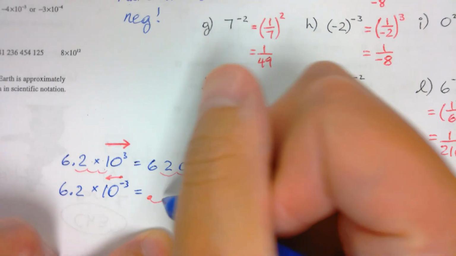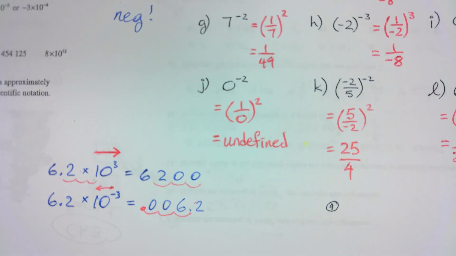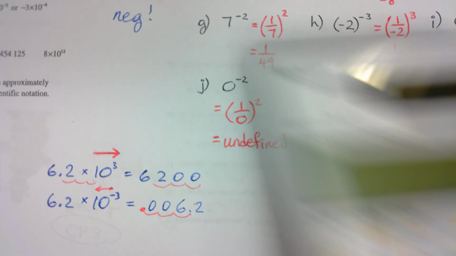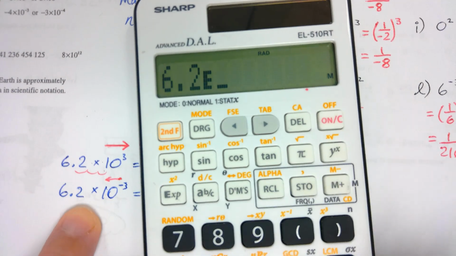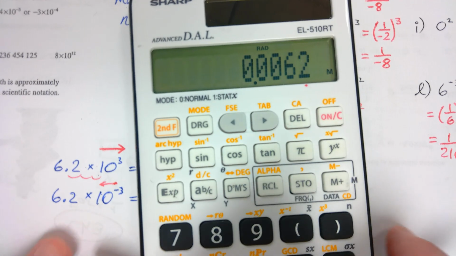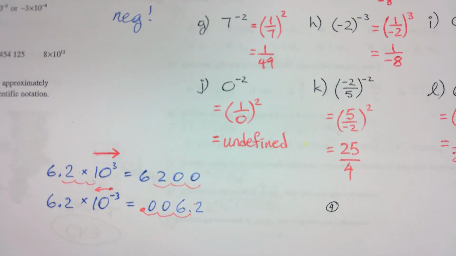I'm going to fill those spaces with zeros. So my answer is 0.0062. Yeah, so here, 6.2 E negative 3. And it will give me this answer. Question? Oh, it doesn't matter. I just need the trailing zeros. I don't need the zeros in front.